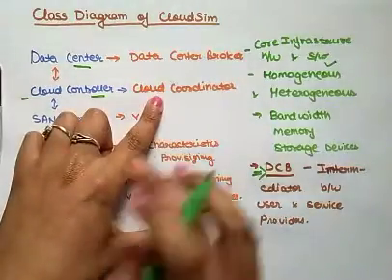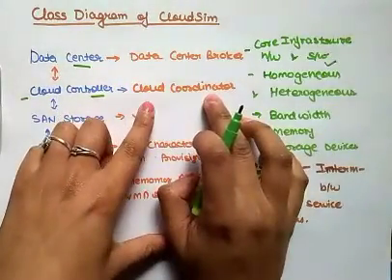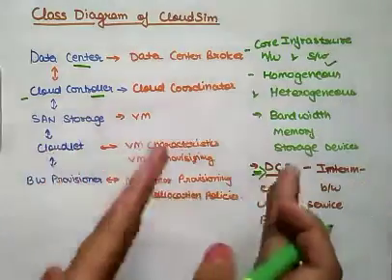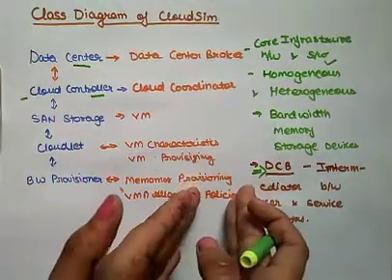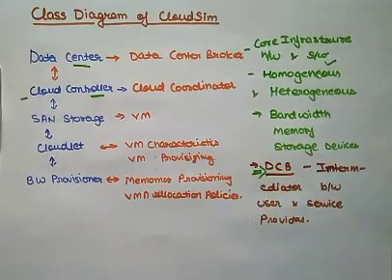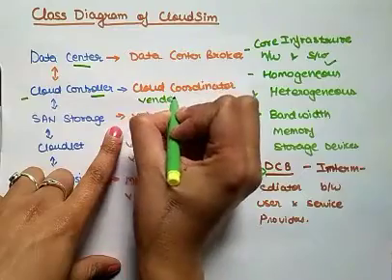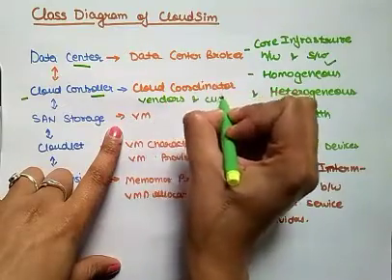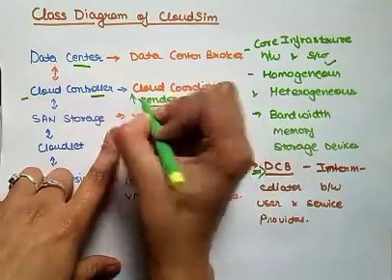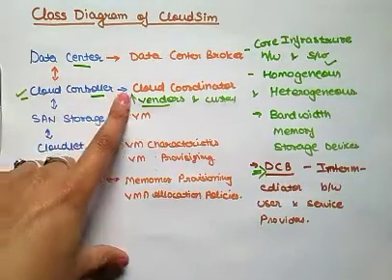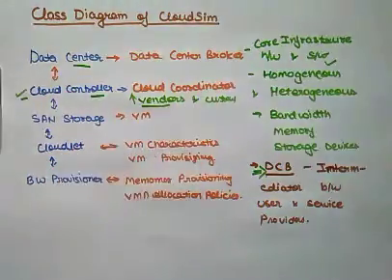Cloud coordinators take care of the cloud service provider as well as the cloud service users, that is end users, or we can say it coordinates vendors and customers. So this is a simple class, cloud controller, and under this we take cloud coordinators.